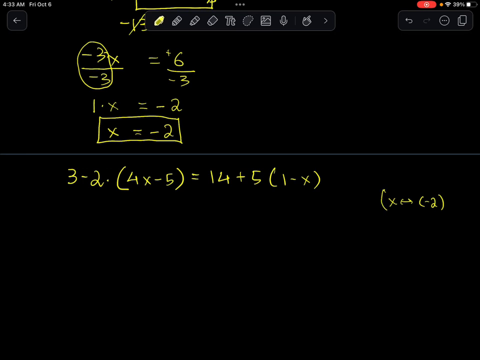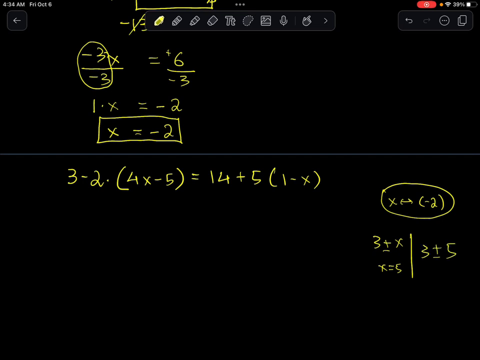In general, every time you plug in, you can put this number in a parenthesis. If it's 3 plus x and the x is positive or minus x, then you don't have to use a parenthesis if it's plus or minus x. If it's x equals 5, for example, you get 3 plus or minus 5.